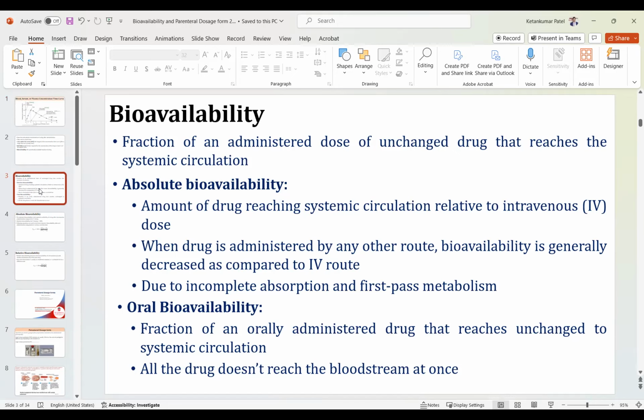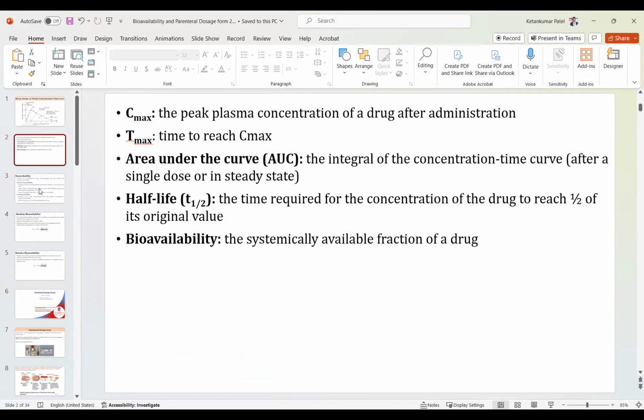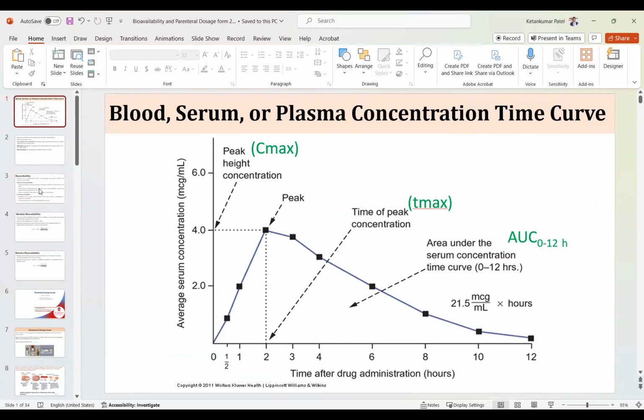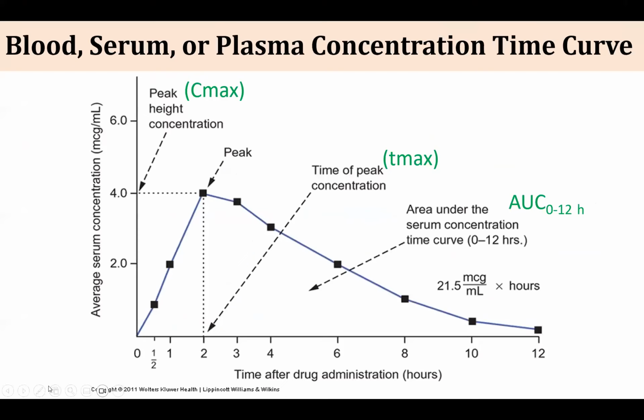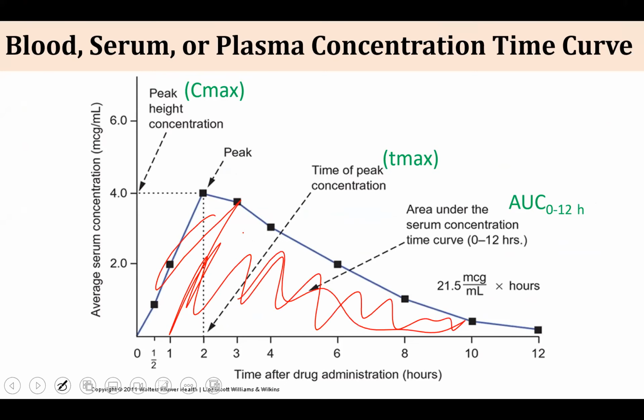Whatever is left over reaches the systemic circulation, and that is considered for the bioavailability. And then we use area under the curve to calculate it.